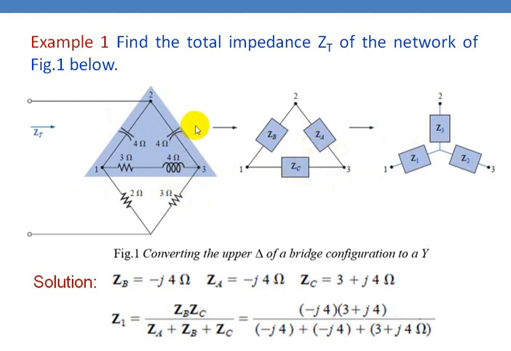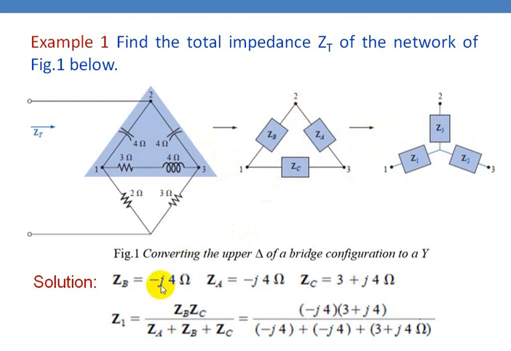First you name it like this, and you know how to connect the star connected impedances. Opposite to ZA you have to place Z1, so Z1 will be connected to node 1. ZB is here, therefore Z2 should be connected to node 3, and similarly ZC is here, therefore Z3 should be connected to the opposite node, that is node 2.